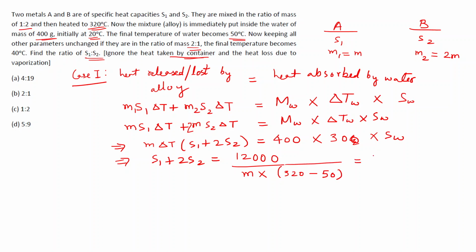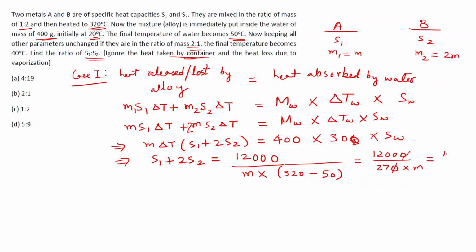So this will be 320 minus 50, which is 270. 270 times M, and the M will get cancelled.